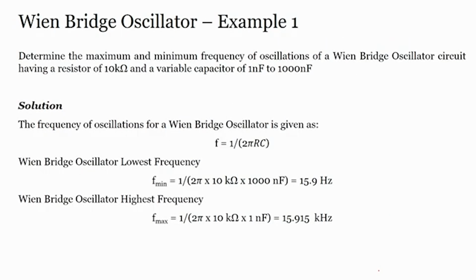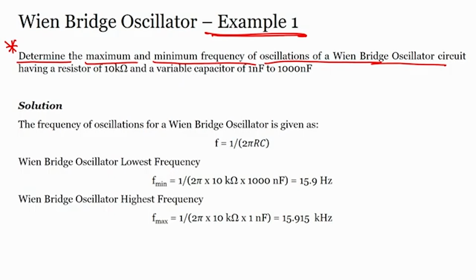So, let us see an example of a Wein bridge oscillator and determine the maximum and minimum frequency. What is our question? Our problem is that we have to determine the maximum and the minimum frequency of oscillations of a Wein bridge oscillator circuit, right.